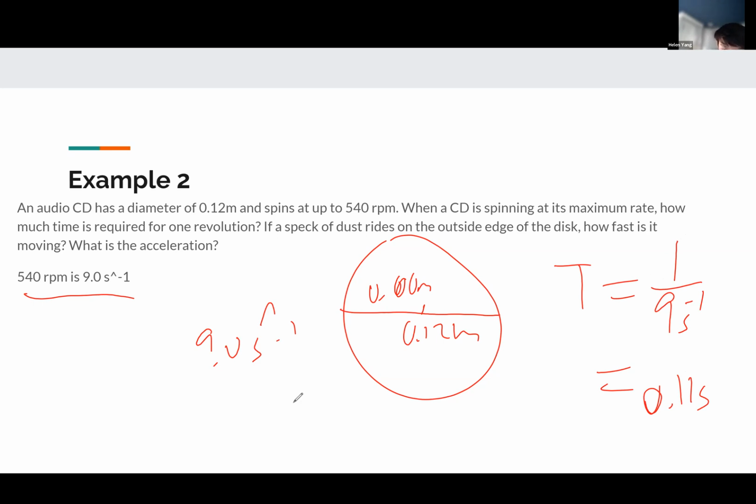So we know the velocity is 2 pi r times f. And we know the r is 0.06, so 0.06 times 2 is 0.12 times pi. And then we divide by T, which is 0.11 seconds. So if you solve that, you would get 3.4 meters per second.